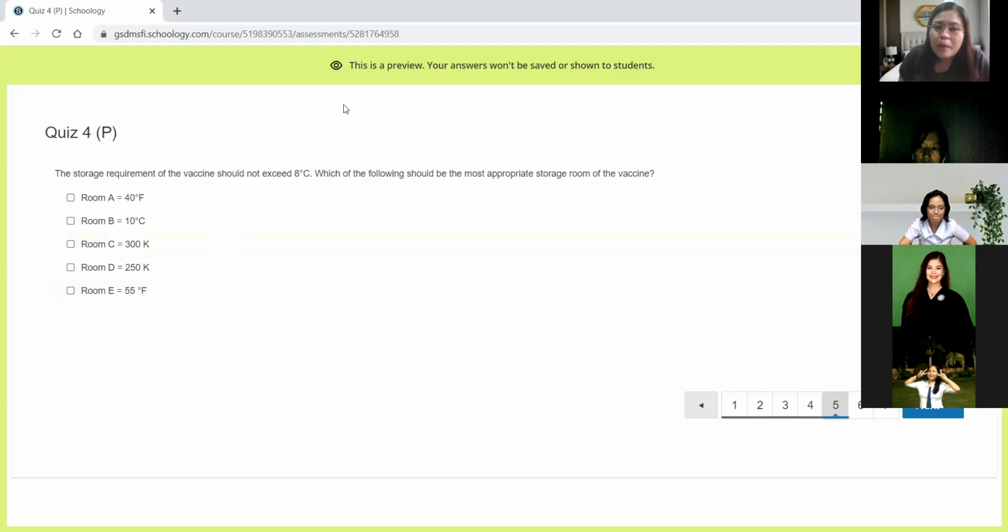If you look at the choices, class, automatically, this one has no appeal, because 10 degrees Celsius is beyond 8 degrees Celsius. So, what we will do now, we have 2 units here, the Fahrenheit and the Kelvin. Actually, to make your life easier, convert that 8 degrees Celsius to both degrees Fahrenheit and Kelvin.